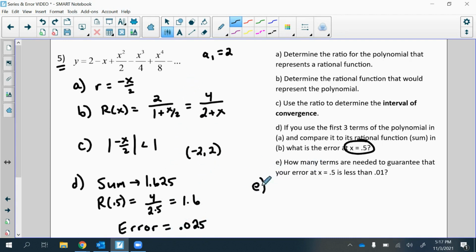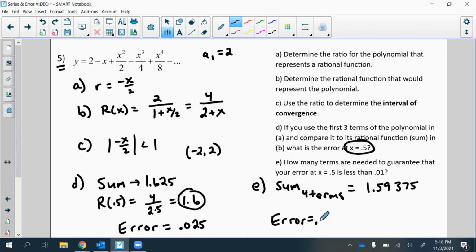And if I add one more term, the sum after 4 terms was 1.59375, and my R value was still the same. So if I subtract those things, the error is 0.00625, which is definitely less than 0.01.